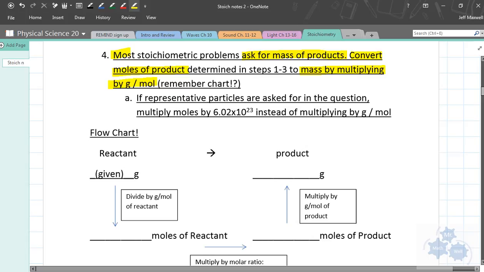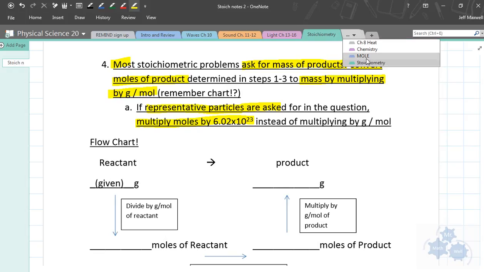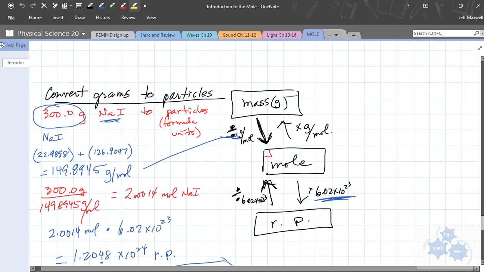Okay, you guys got that down? Now, here's just an aside. If representative particles are asked for, then we simply convert moles to representative particles by multiplying by Avogadro's number. You remember how to do that. Give me one second here. If we go back to this, where was that conversion chart?